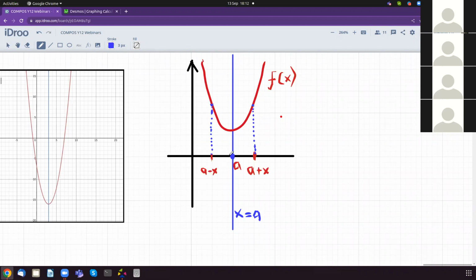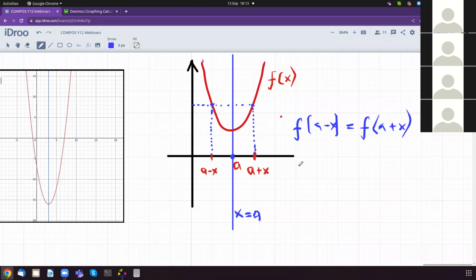And we know that they have to be identical because there's a line of symmetry. These values have to be the same. In other words, f of a minus x has to be equal to f of a plus x.